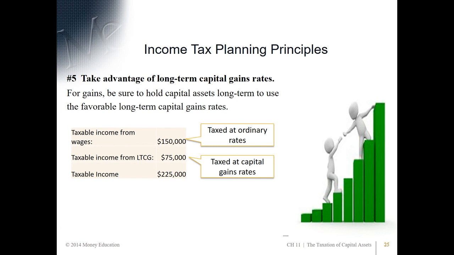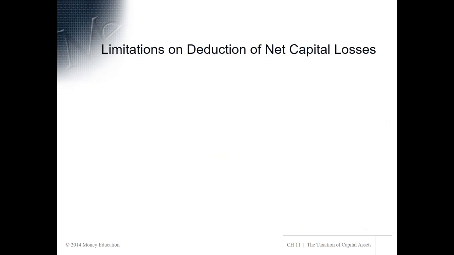So, if you have taxable income from wages of $150,000 and taxable income from long-term capital gains of $75,000, you have total taxable income of $225,000. Your wages are going to be taxed at ordinary rates, but that long-term capital gain will be taxed at capital gains rates. So hold those stocks for more than a year.